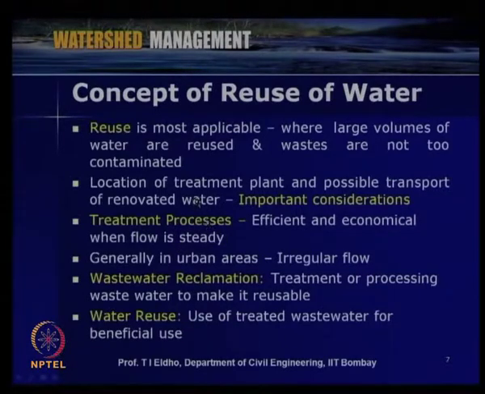Especially for treatment processes, we have to see that sufficient wastewater keeps on coming as a source when we are sending this wastewater for treatment through the treatment plant for reuse purposes. So, that steady flow should take place.